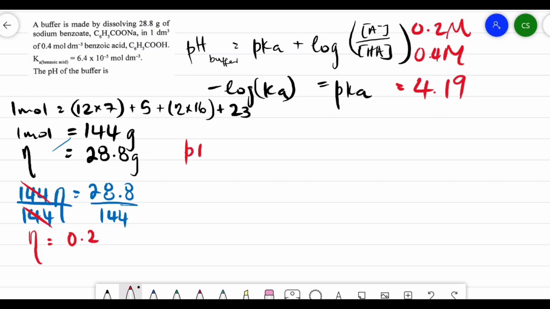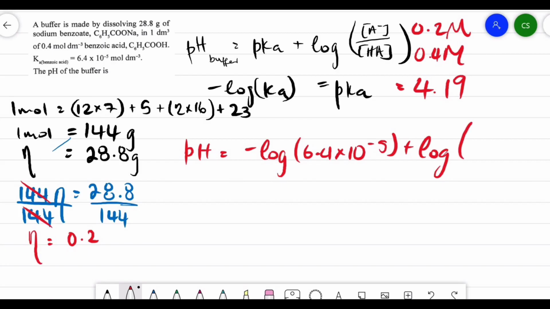So the pH is therefore equal to minus log to the base 10 of 6.4 times 10 to the minus 5 moles per dm cube. I'm going to leave out the units for now because it's a bit hectic to put units.